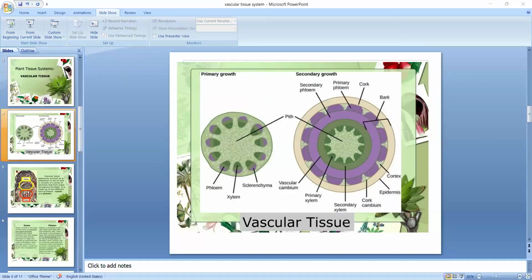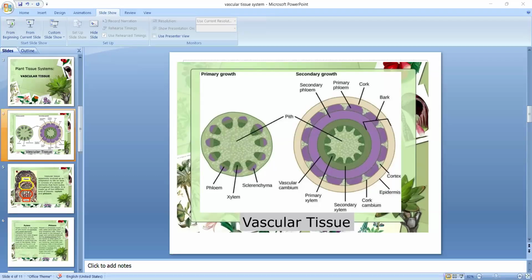Such a meristem is absent in monocot stems and in roots of dicots and monocots. Please remember this, it's very, very important. Vascular cambium or intrafascicular cambium is absent in monocot stems and roots of dicots and monocots.